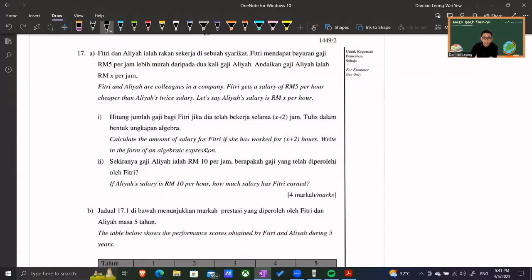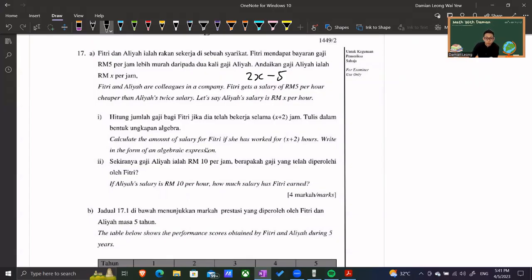If Alia's salary is x, Fitri gets 5 ringgit less than double of her, meaning Fitri gets 2x minus 5.